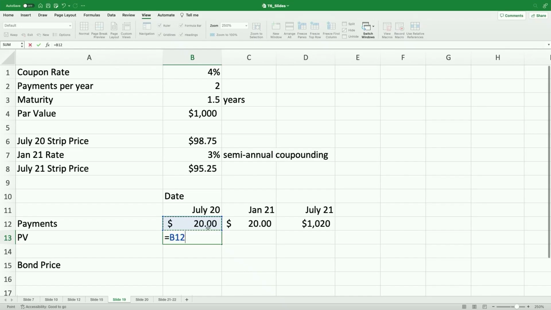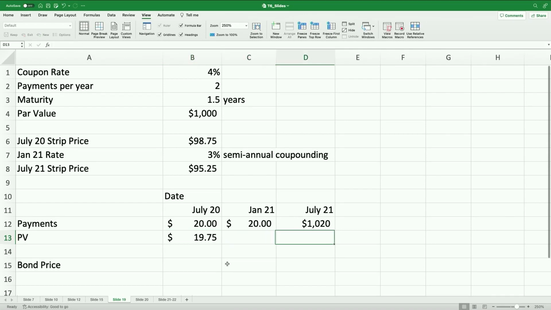So this $20, all I'm going to do is multiply it by $98.75 over 100. And that tells me this $20, which arrives 6 months from now, costs $19.75 today. Its present value, its price, is $19.75 today.